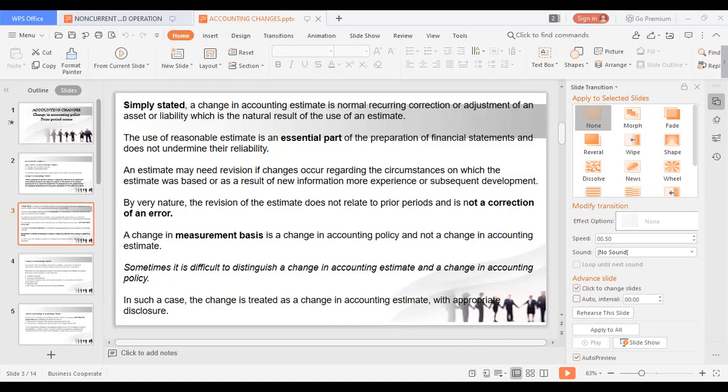So we get 720,000 per year times 3 years expired life. So we have 2,160,000. The carrying amount on January 1, 2020 is 5,040,000.